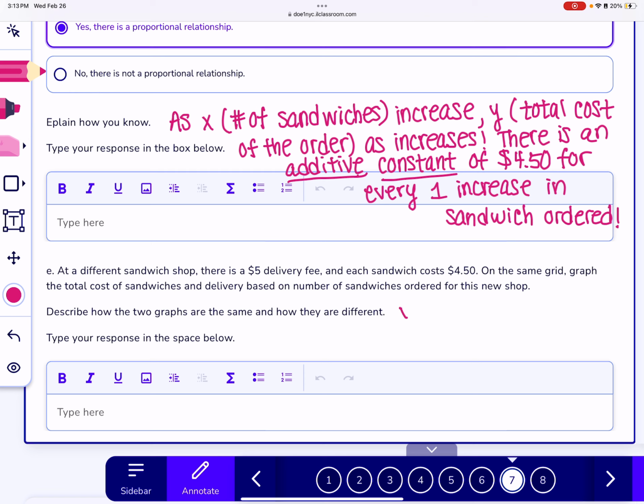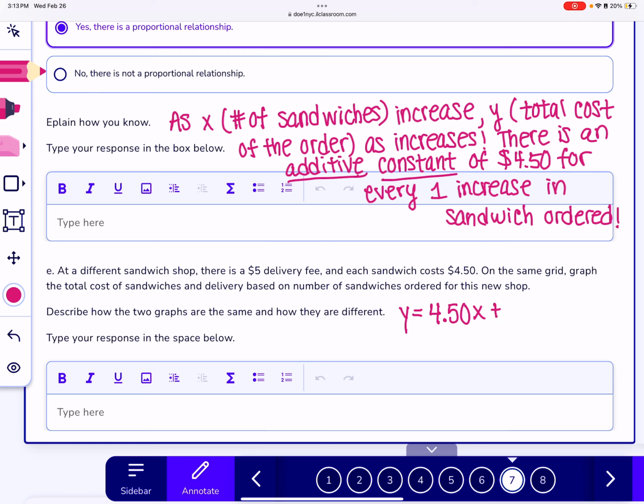Well, before we graph this equation, we're going to write an equation for it. So y equals $4.50. Again, this is the additive constant, which is also our slope. I'm going to place it next to the x, which stands for the number of sandwiches ordered.